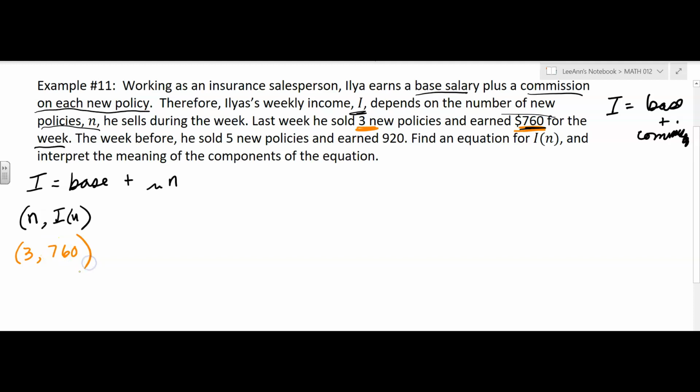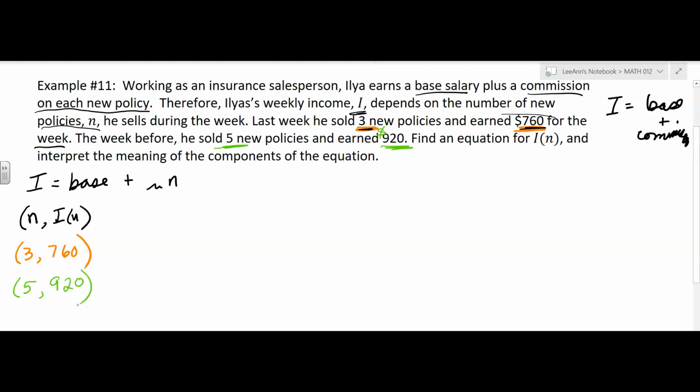Now you might have to think about that for a little bit just to wrap your mind around what's going on here. 3 new policies, and then the output was 760 for the week. Now they're going to give us more information. The week before, he sold 5 new policies and earned $920. Probably should be a $ there. Okay, so another point, input would be 5 and output would be 920.